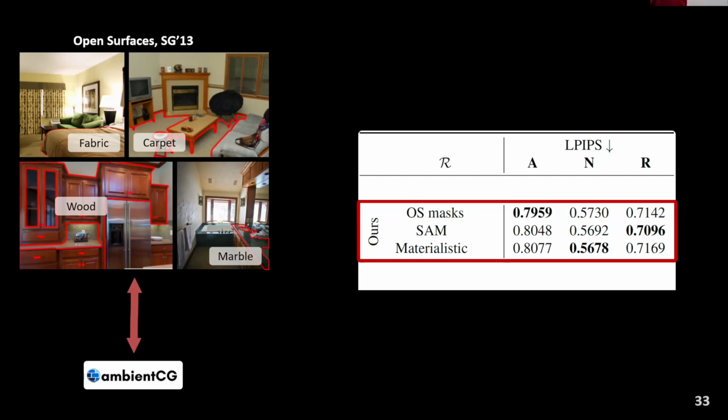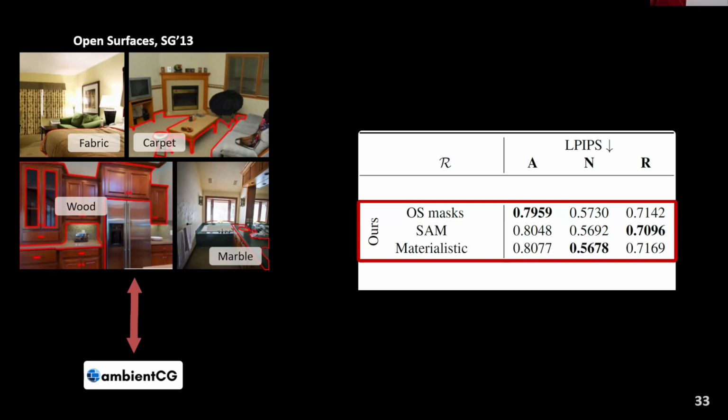We can run our method on OpenSurfaces and extract materials with any of the region proposal methods. OS mask stands for OpenSurfaces. And you can see that we can compare the albedo, normal, and roughness of our extracted material with those of the corresponding class in the AmbientCG data set.